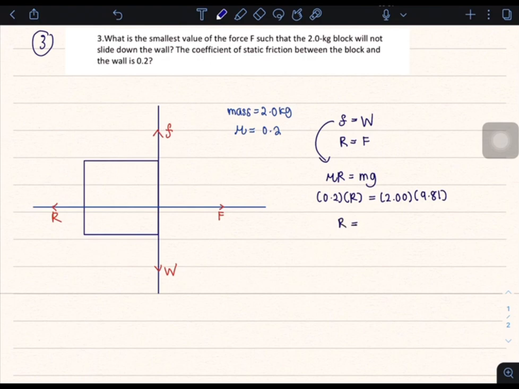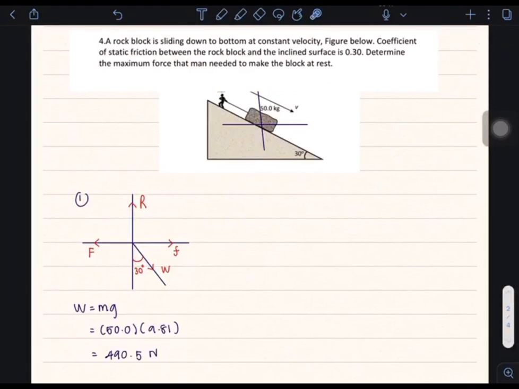Lastly, you will get the answer 98.1 Newton, where R is the same as F. So that is all.